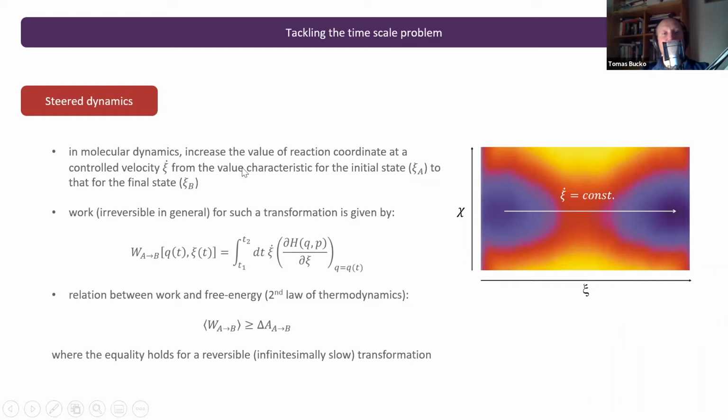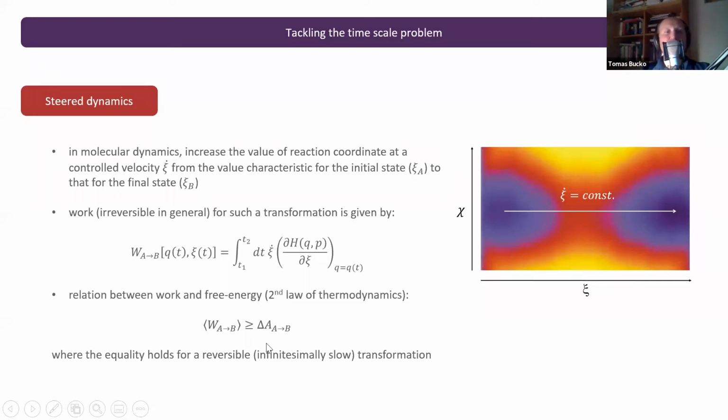We start with some value characteristic for the initial state Xi A, and end in the final state Xi B. Then the work, irreversible in general, for such a transformation can be expressed using this equation. It's an integral over time, where here we have the transformation rate that the user sets, and this is the generalized velocity for the internal coordinate.